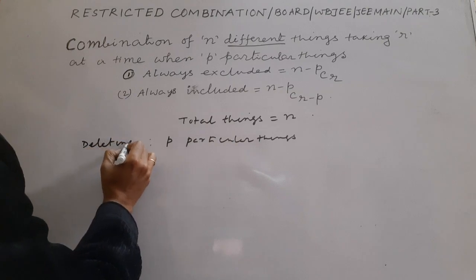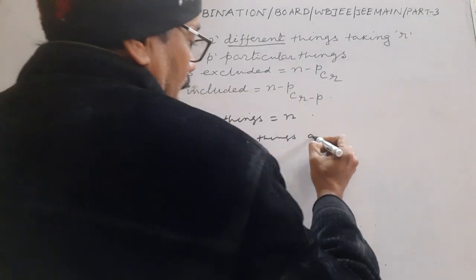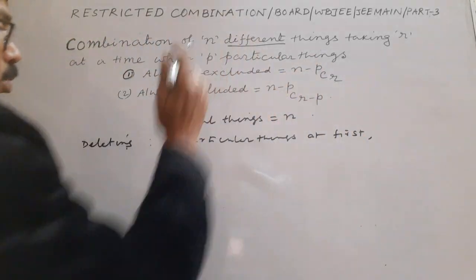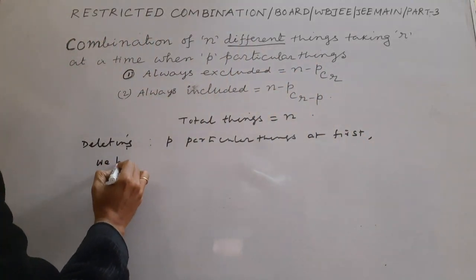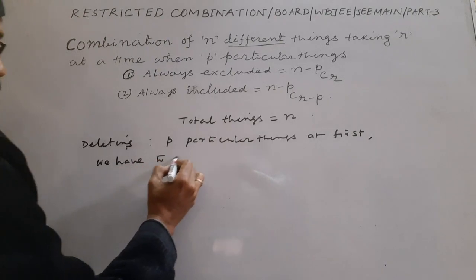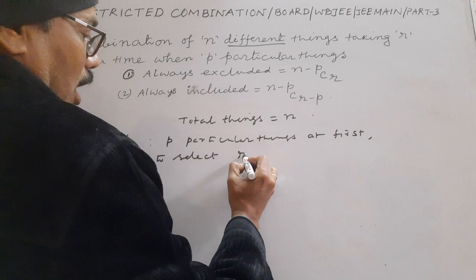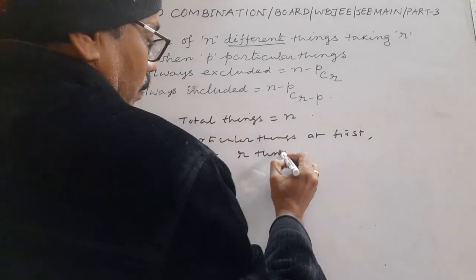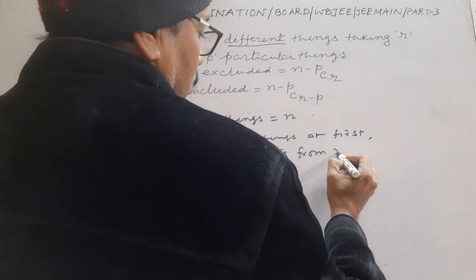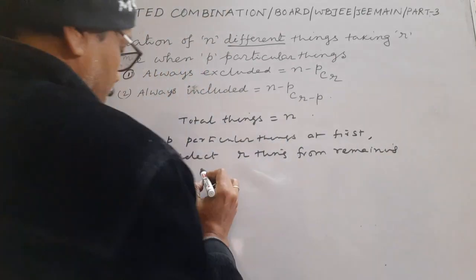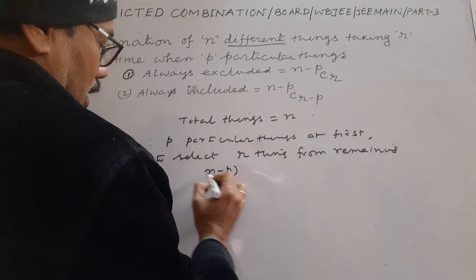Deleting p particular things at first, because they are excluded, we have to select r things from the remaining n minus p things.